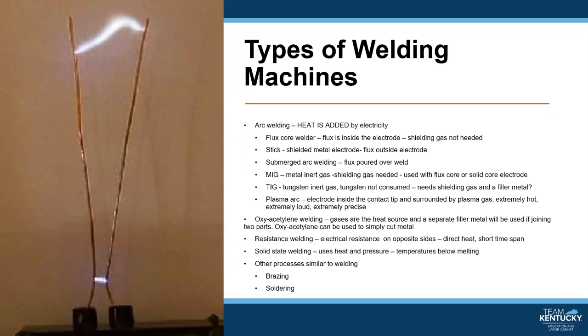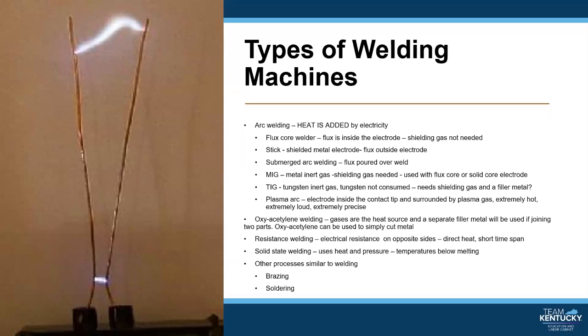Now let's begin with a list of the welding machines, listed generally in descending order of the amount of welding fumes that would be produced by these processes. Arc welding is where heat is added via electricity to melt the metal. In a flux core welder, the flux is inside the electrode.